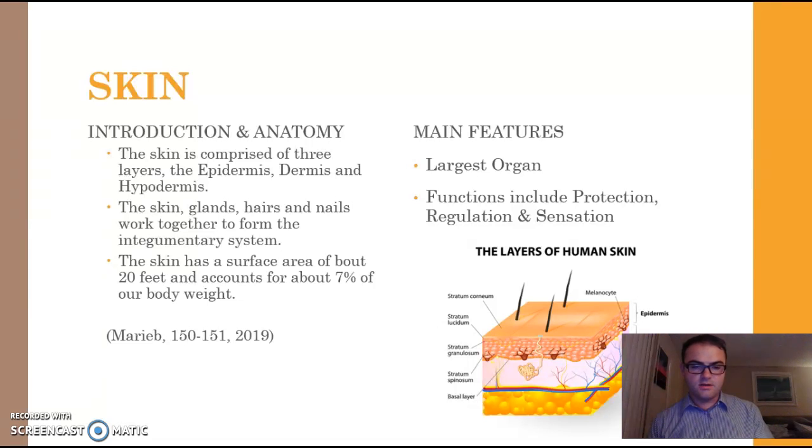That's how we receive the sense of touch. And deep to the dermis is the hypodermis, and this is actually not considered skin, but rather adipose tissue, and its function is cushion and insulation to the body.